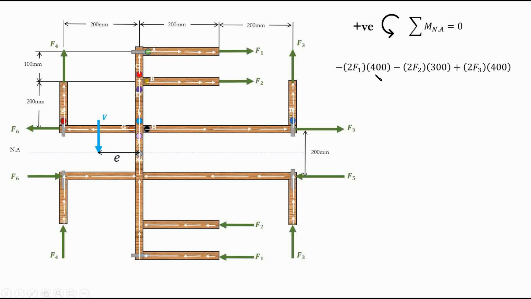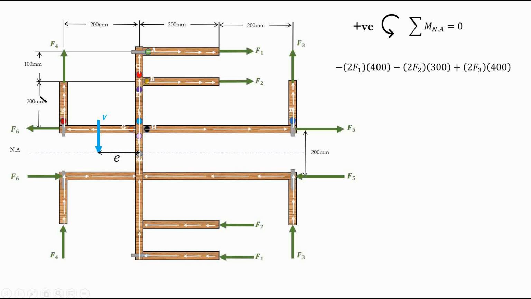So F1 multiplied by 400, which is the distance, basically 100 plus 200 plus 100, multiplied by 2 because I'm calculating two forces. Same idea for F2, moving clockwise, so negative, minus this force multiplied by the distance.